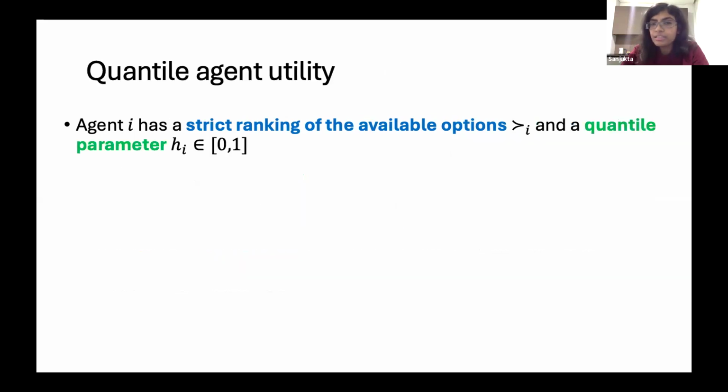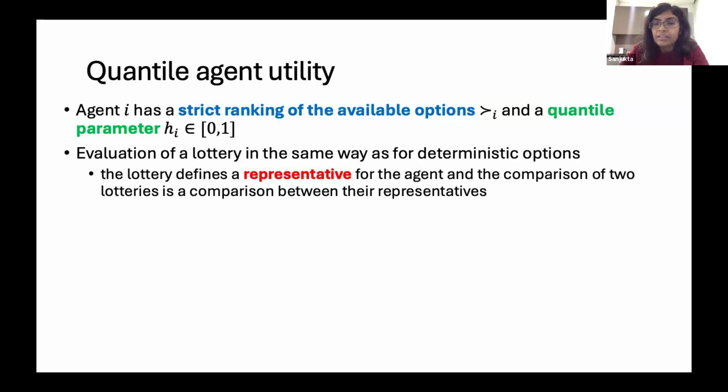So this is another method that we are proposing for comparing lotteries, which we call quantile agent utility. Agent i has a strict ranking of the available options, denoted by ≻_i, and also a quantile parameter h_i between 0 and 1. To evaluate a lottery, it is done as if in a deterministic setup.